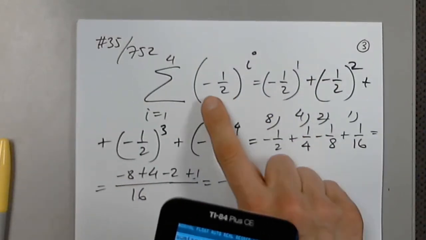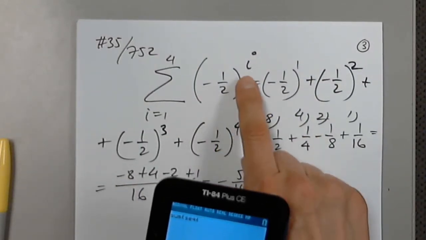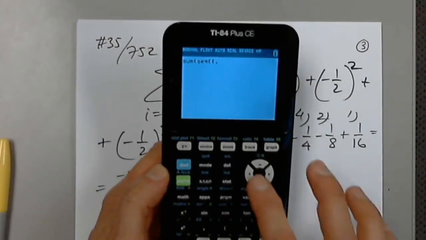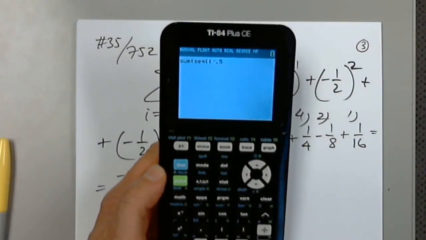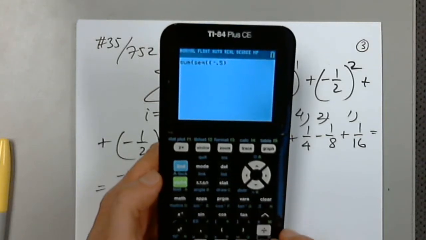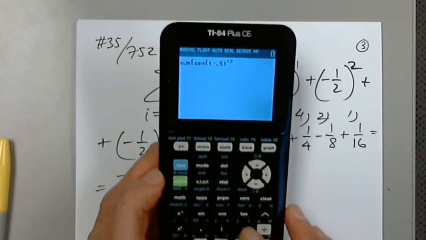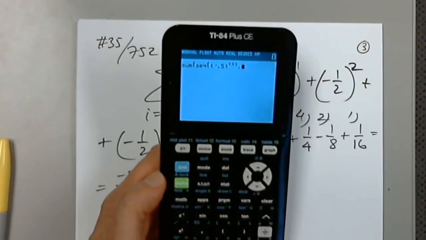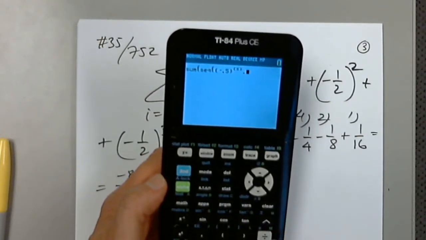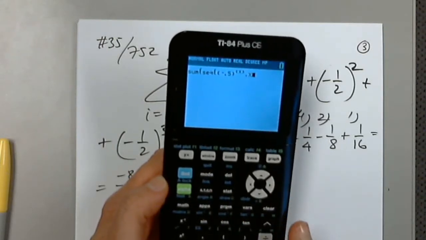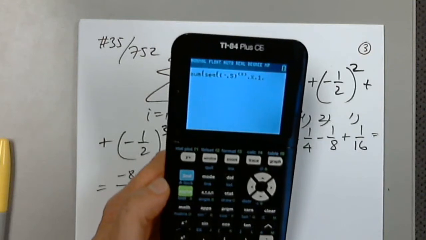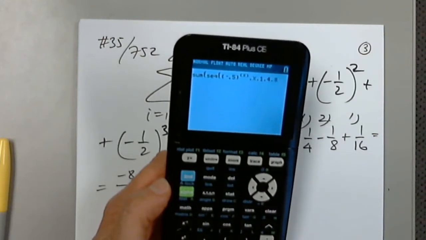So what we have here is negative 0.5 raised to x. So in parentheses again, negative 0.5 in parentheses, caret, parentheses, x, close, comma. The sequence has x in it, x, comma, it starts with 1, comma, it ends with 4, comma, by 1 every step.